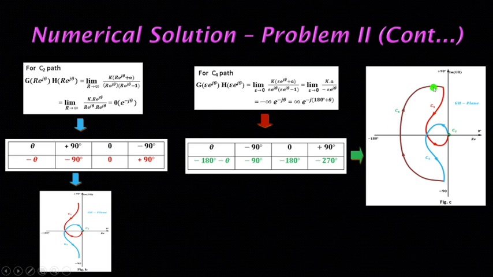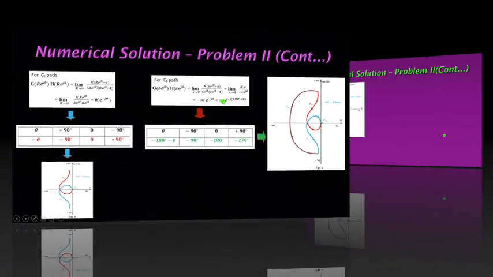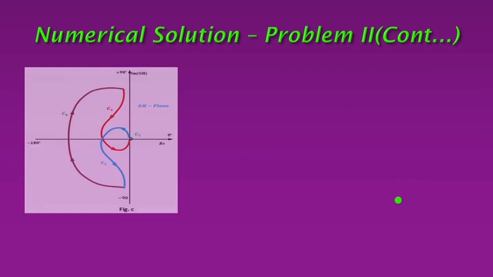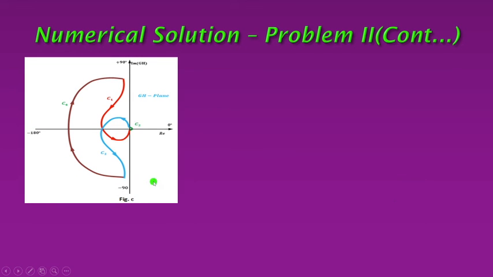So the finishing point of C4 and the starting point of C1 are the same point, with magnitude always infinity. This is the Nyquist contour in the S-plane mapped to the GH plane.